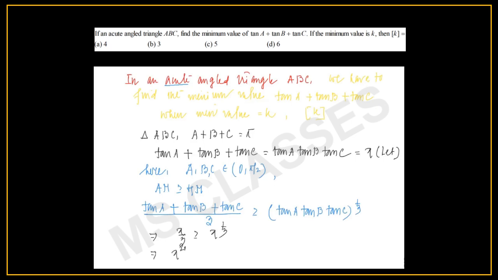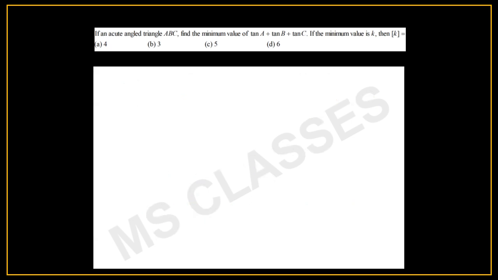So x to the power of 2 by 3 is greater than or equal to 3, which implies that x is greater than or equal to 3 root 3. So according to the question, we can write that k equal to 3 root 3.